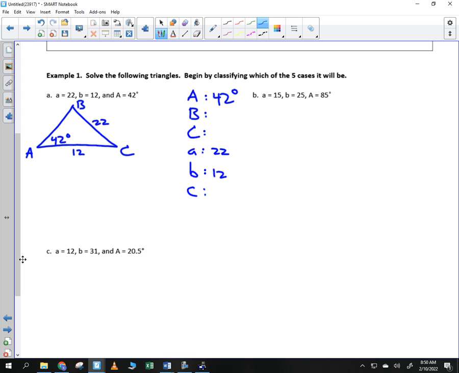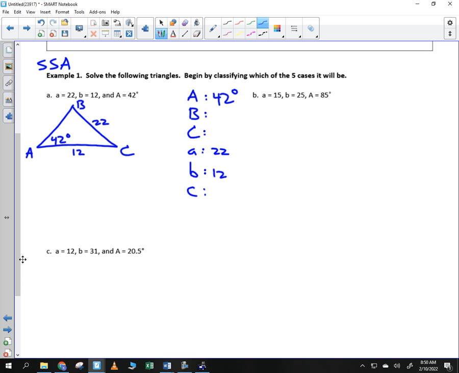Okay. Does everybody agree that this is a side-side angle triangle? And as soon as I see that, I know that there's a problem. Side-side angle always causes a problem.